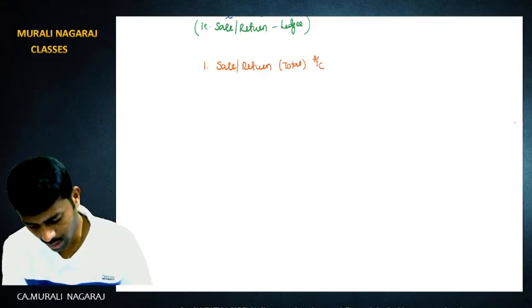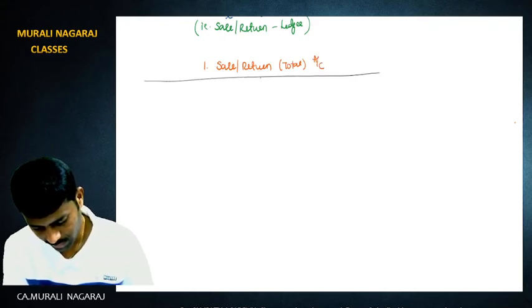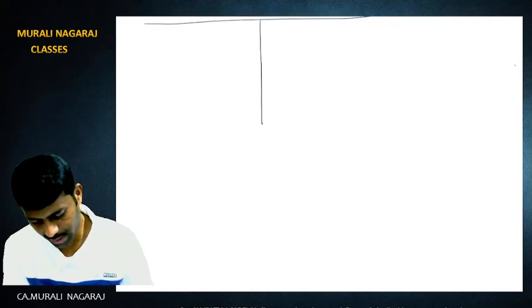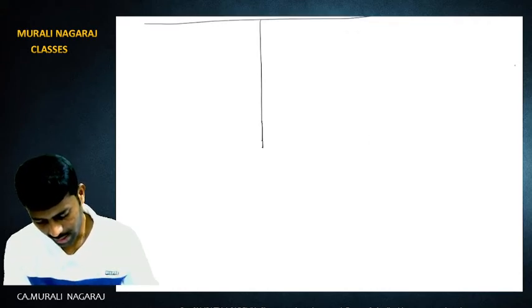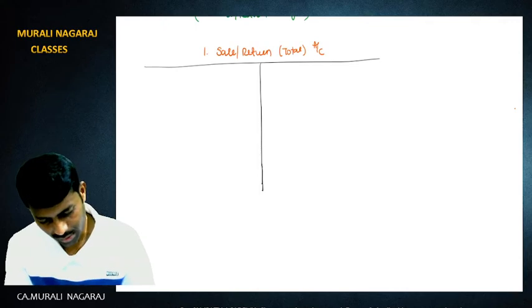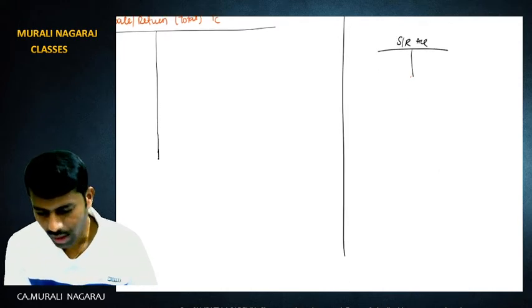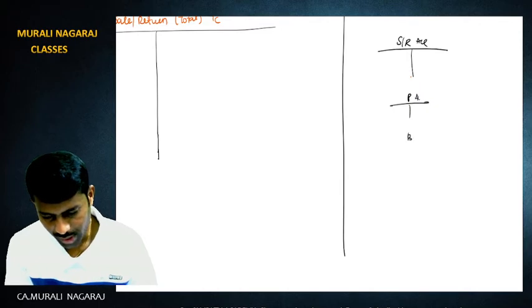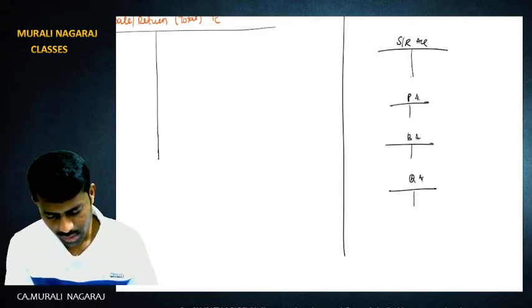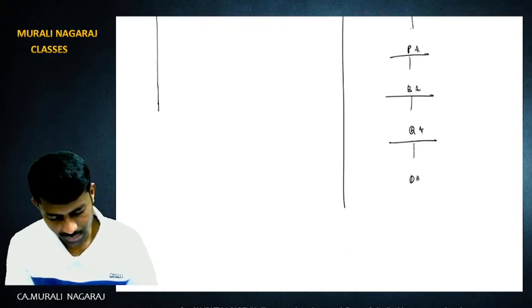So the sale or return account, for some 5-6 lines. And we have individual customer accounts. Here how many customers are there? P account, B account, Q account, D account, E account, R account.